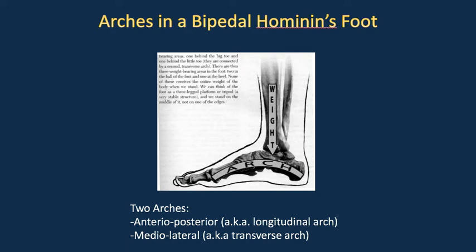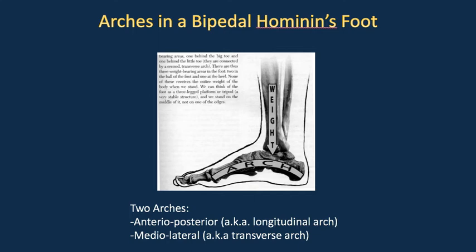We also have arches that quadrupeds do not have. We have two arches in our feet. One goes from front to back. Sometimes it's called the anterior-posterior or longitudinal arch. Again, front to back. The mediolateral or transverse arch goes from side to side. Basically these arches serve a couple of different functions.